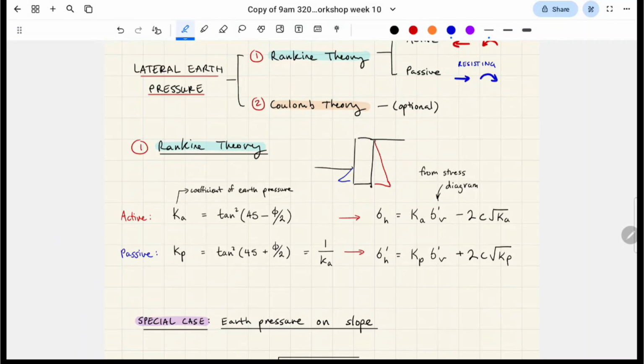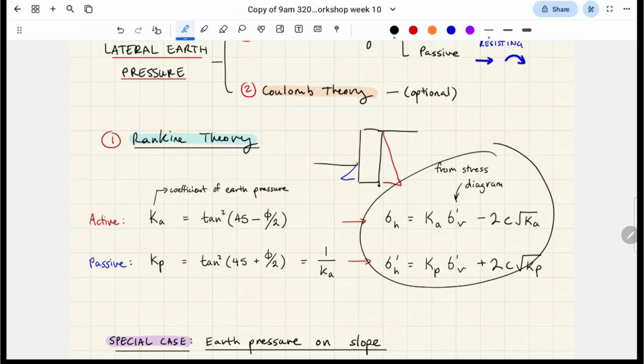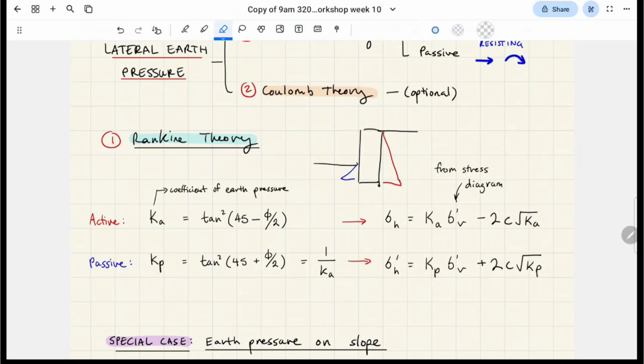There are different formulas for either one, based on the Mohr circle. I don't know where the derivation comes from entirely, but one is minus and the other is plus. You plug it in, you get your coefficient of earth pressure for the active or passive case, and then you can plug it into these equations to get horizontal stress.